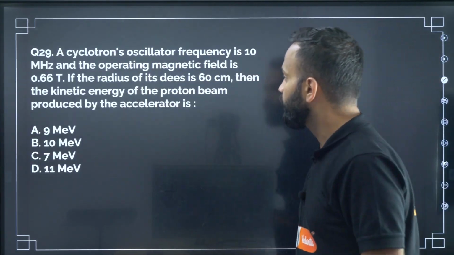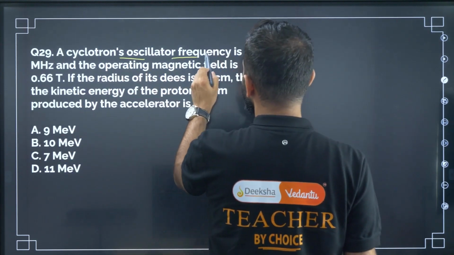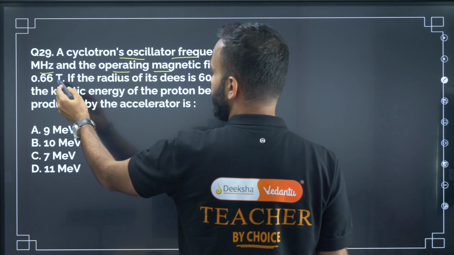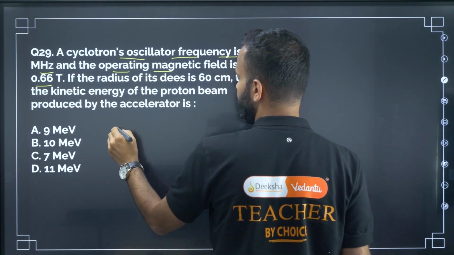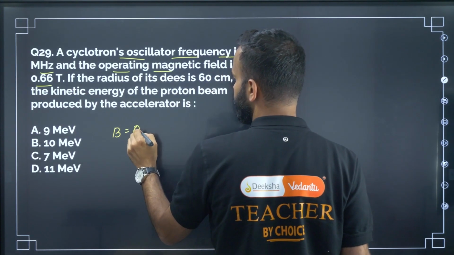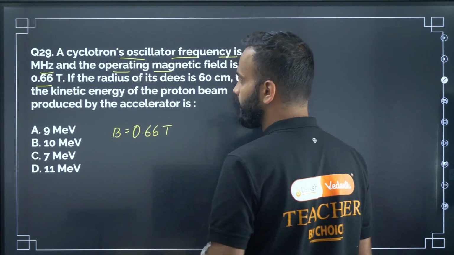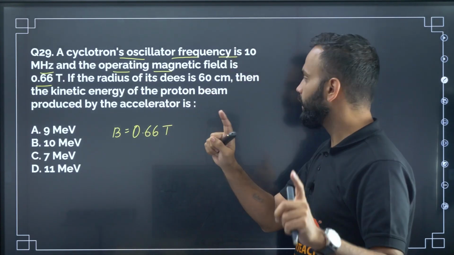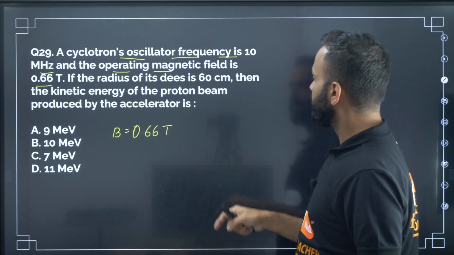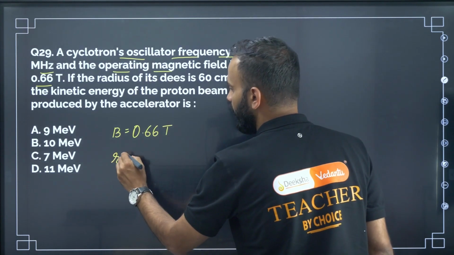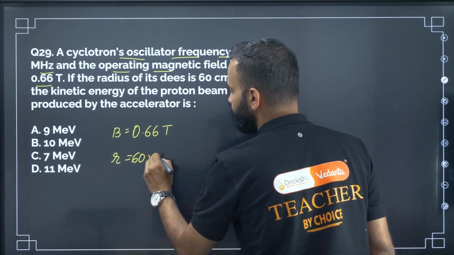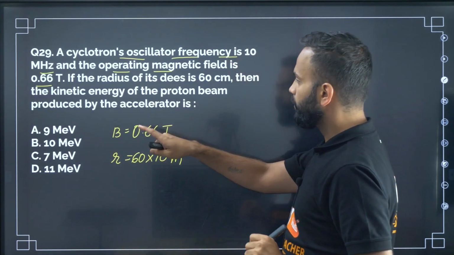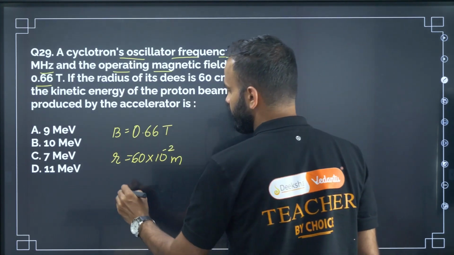Next question, question number 29. A cyclotron's oscillator frequency is 10 megahertz and the operating magnetic field is 0.66 Tesla. B, that is the magnetic field value, is 0.66 Tesla. If the radius of the Ds, that is D1 and D2, is 60 centimeter, R equal to 60 into 10 to the power minus 2 meter, then the kinetic energy of the proton being produced by the accelerator is, we need to find.